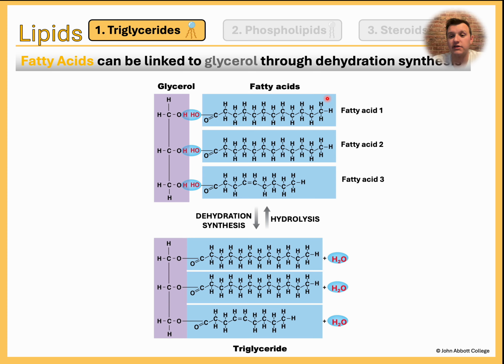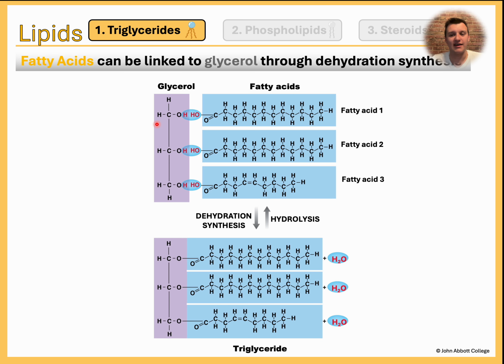You will be able to convert them into energy later on. That's hydrolysis to break down if you're going in this direction, right? So fatty acids could be linked to glycerol through dehydration synthesis reactions, and they could be broken down through hydrolysis reactions, just like carbs. So that was all for triglycerides.